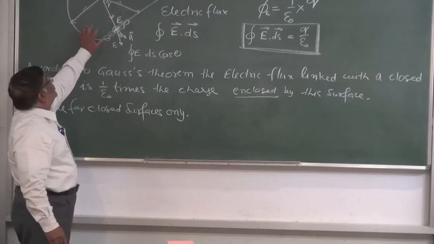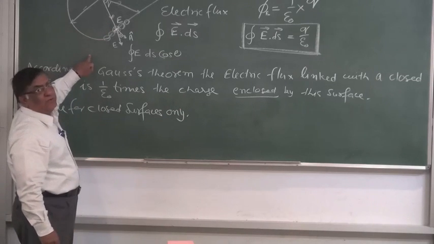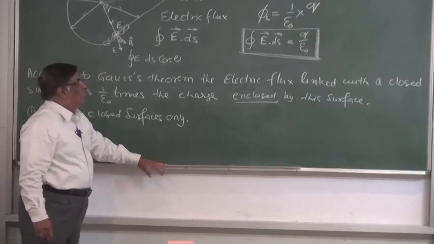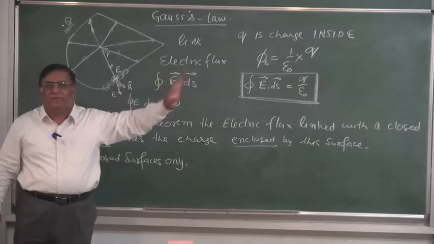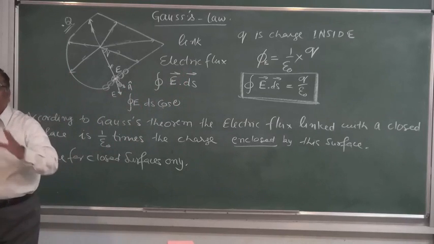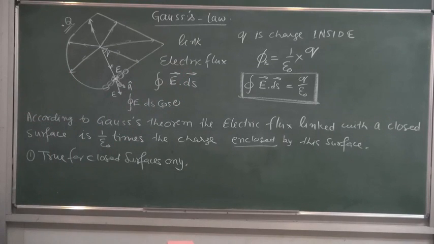If the surface is open, some of the flux will go out, will not be linked with the surface, and our calculation will go erroneous. Error will come in it, so it has to be a closed surface.